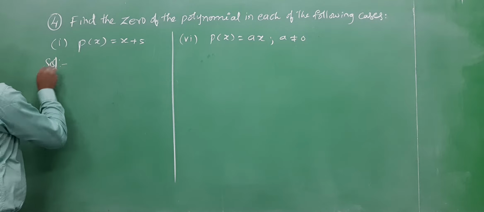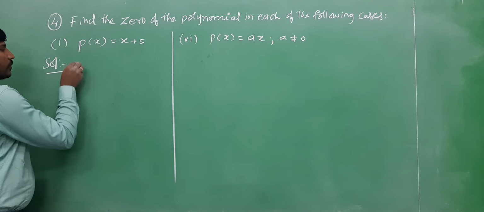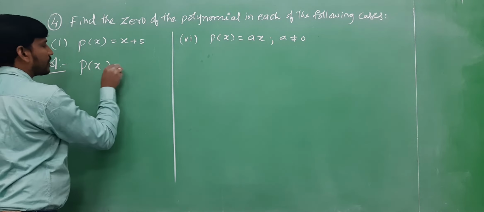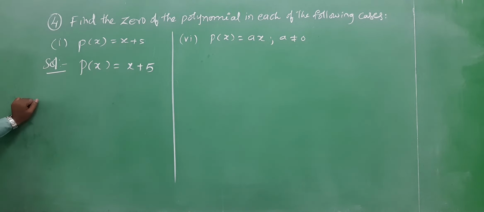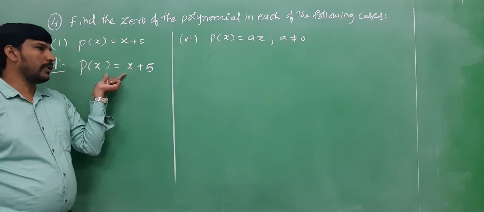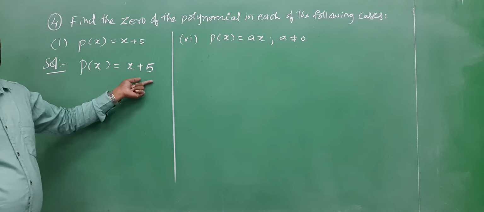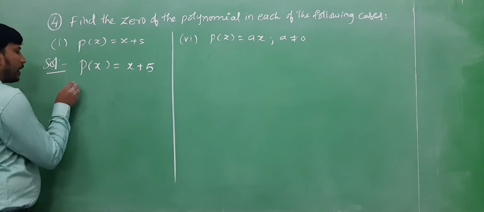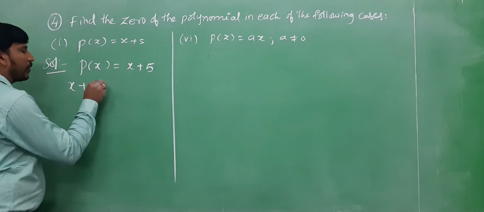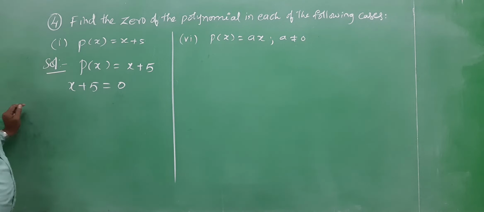Given that p of x is equal to x plus 5. So children, I told you clearly, whenever they ask the question, if it is a linear polynomial, we can take directly x plus 5 equal to 0, compulsory.